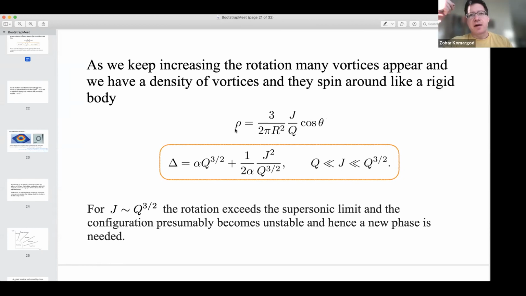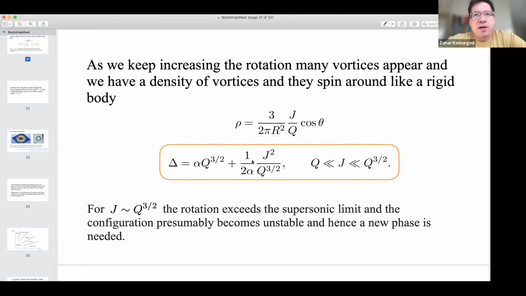So they need some kind of force that would stabilize the repulsion. And that force is given by the Lorentz force because they're moving in a magnetic field. So they have to spin together. The whole sphere has to spin together. So the regime of validity of the Abrikosov lattice comes from the following fact. If there are so many vortices that their rotation velocity exceeds the speed of sound, presumably this configuration breaks down.